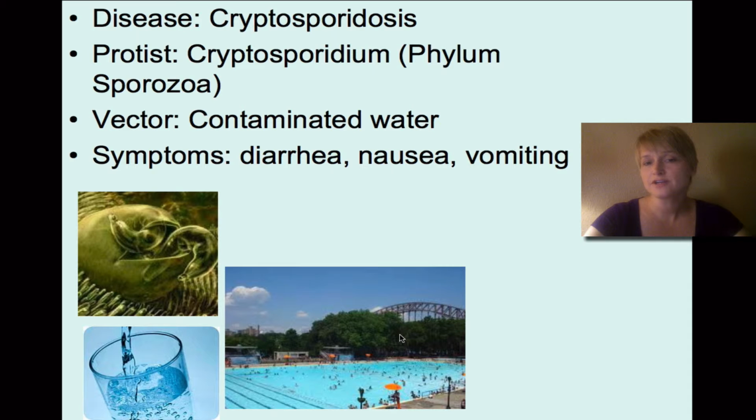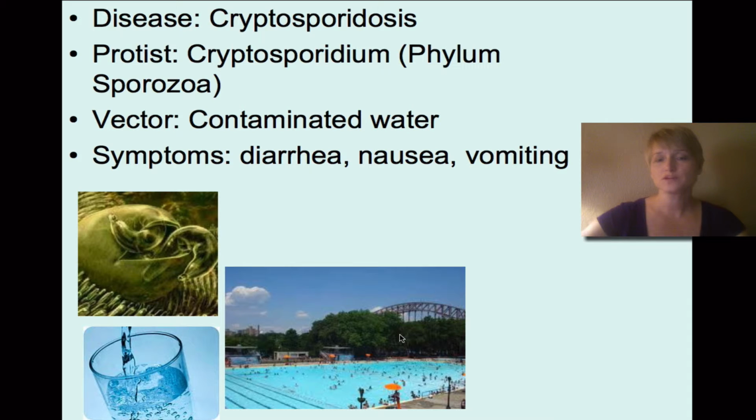And this can be very common in third world countries that don't have clean water. But this is also found in the United States. And so whenever there's a protist found in water that is making people sick, this is the one that is found. So swimming pools can get infected by this. There's sometimes contaminated water sources.